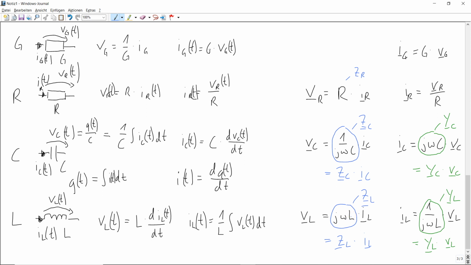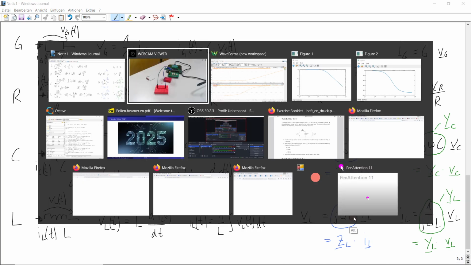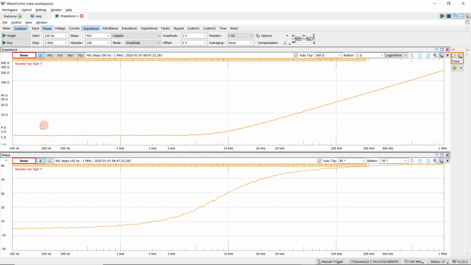And that's why we more or less only measure the resistance of this inductor. So this is very typical, it's like a series connection of R and j omega L. And so at low frequencies, we measure the R. At high frequencies, we measure the j omega L.